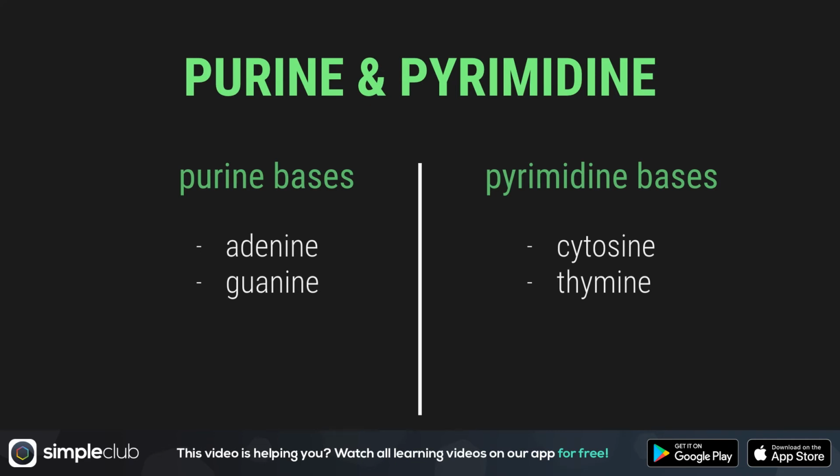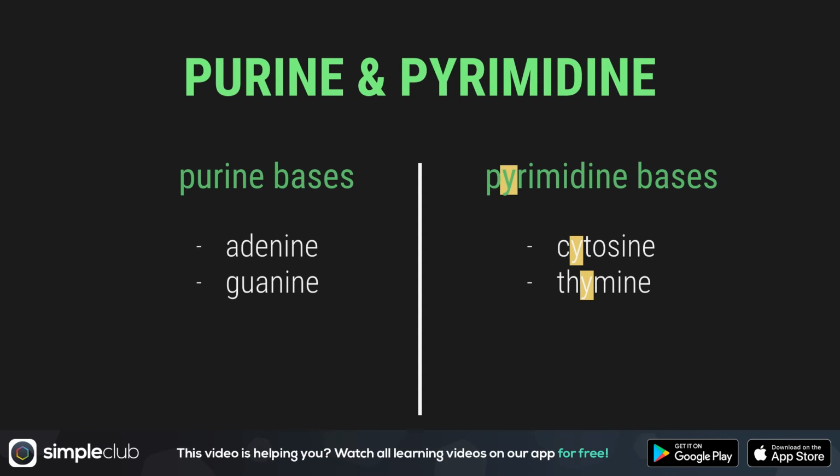It follows logically that uracil, which occurs in RNA, is pyrimidine as well. If you can't remember which is which, thymine and cytosine have a Y in the name and are pyrimidine, which has a Y in its name as well. Guanine and adenine don't contain the letter Y, just like the word purine.